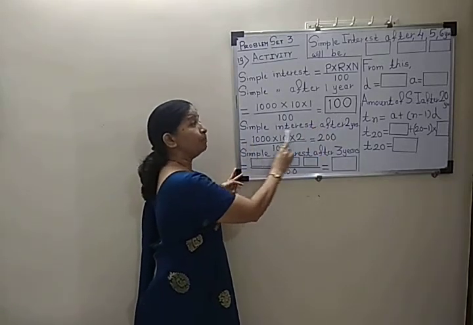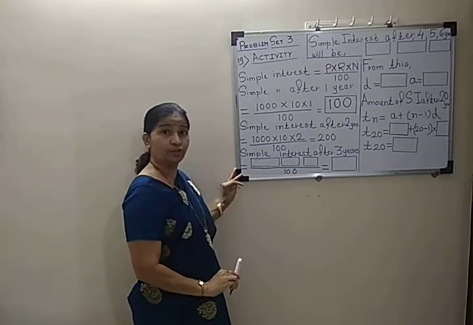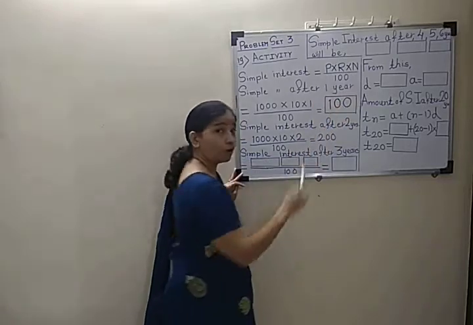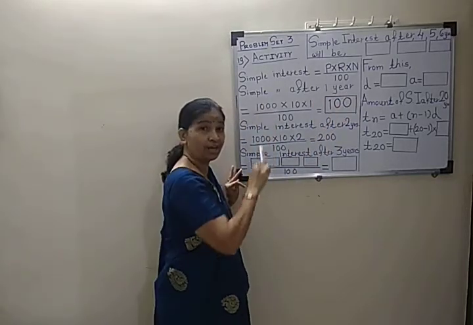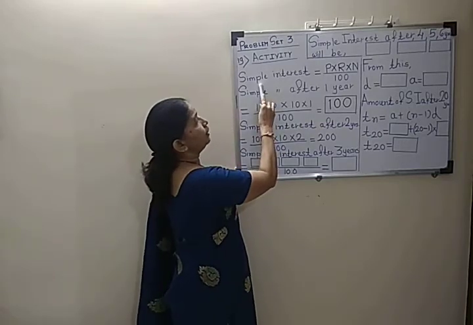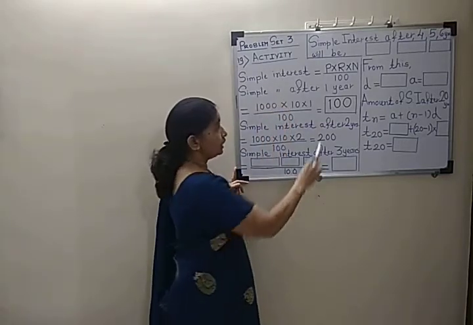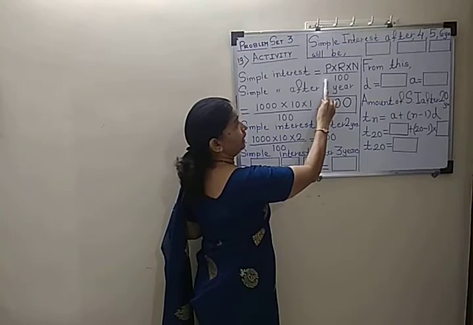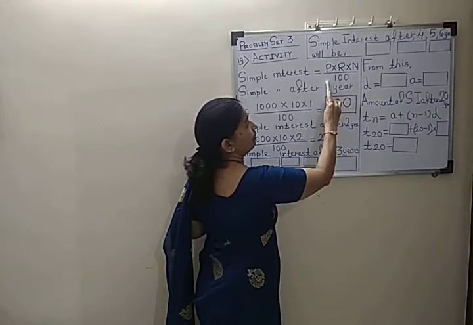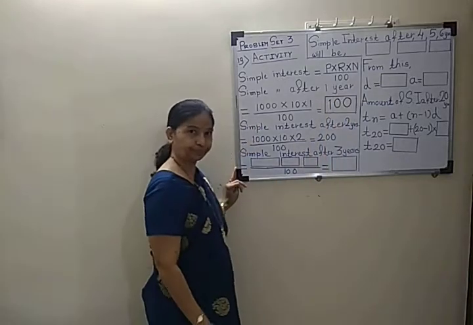Then simple interest after 2 years. So again I use this formula from 7th and 8th standard, that simple interest is equal to P into R into N upon 100.